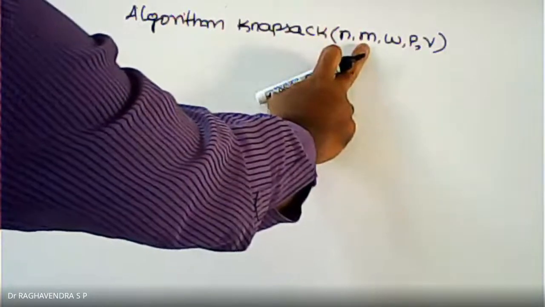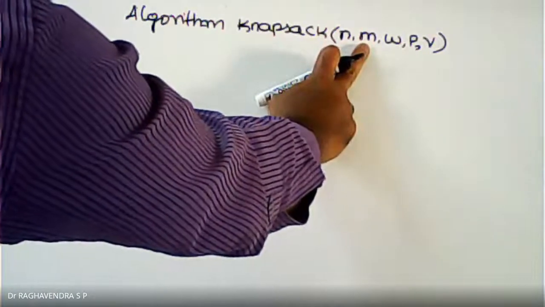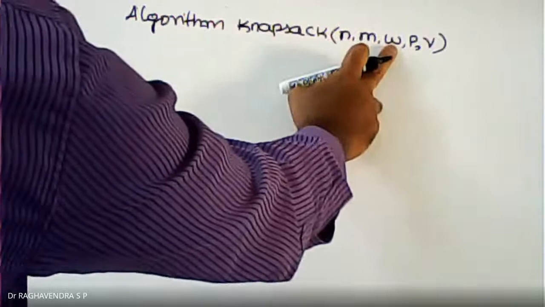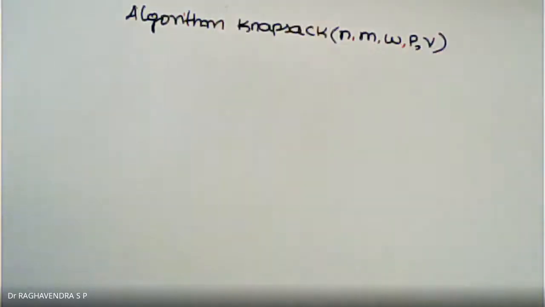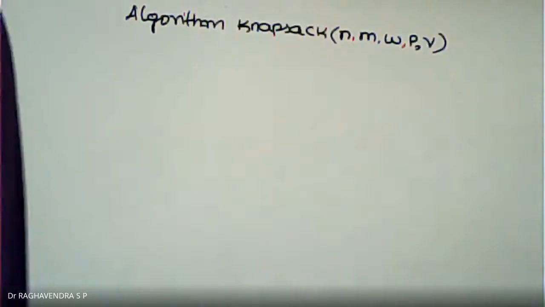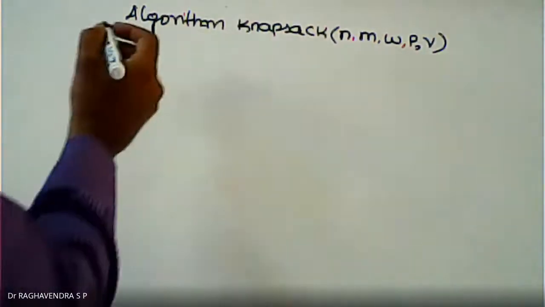M means the capacity of the knapsack. W means weights. P means profits, and P is nothing but the value, the final optimal value we are specifying out.